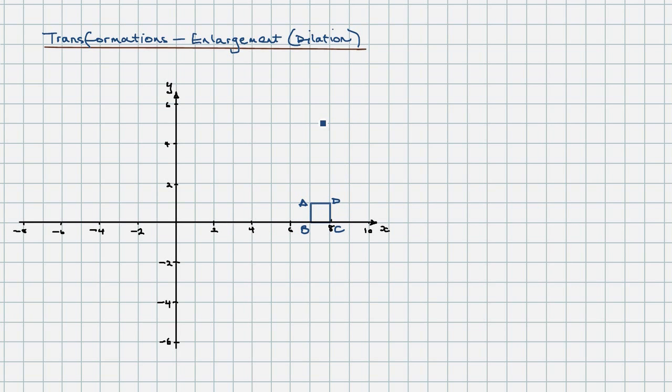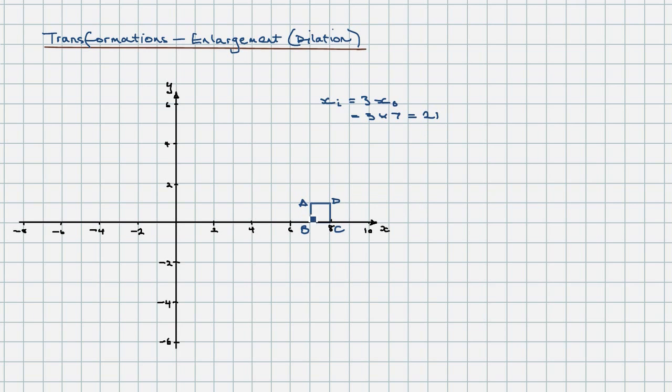So if we ask ourselves to start with about A and its image, let's call it A prime, it's going to be over here somewhere. Let's start with the x-coordinate of A. Well, the x-coordinate of A is 7. So the x-coordinate of the image is going to be 3 times the x-coordinate of the object. Well, the x-coordinate of the object we've said is 7, so that's going to be 3 times 7, which is 21.